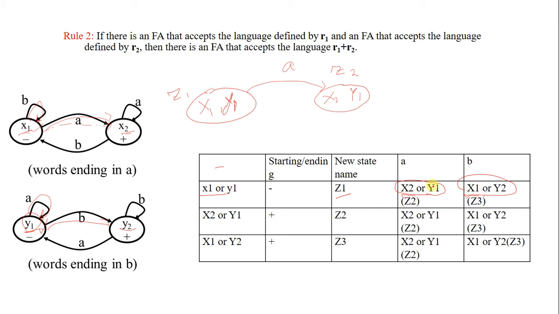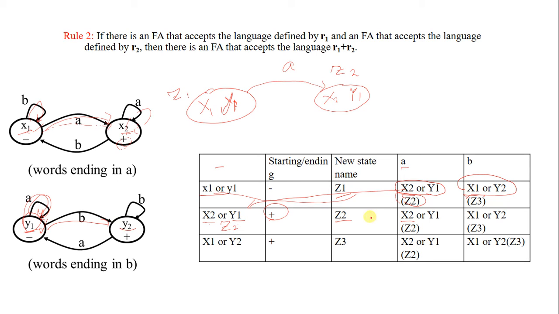After checking z1, we will check z2. In z2, there are two states, x2 and y1. x2 is an accepting state, so I put a plus sign here because it's an accepting state. At z2, if you read A and you are at x2, you stay on x2, and if you read A and you are at y1, you stay at y1.